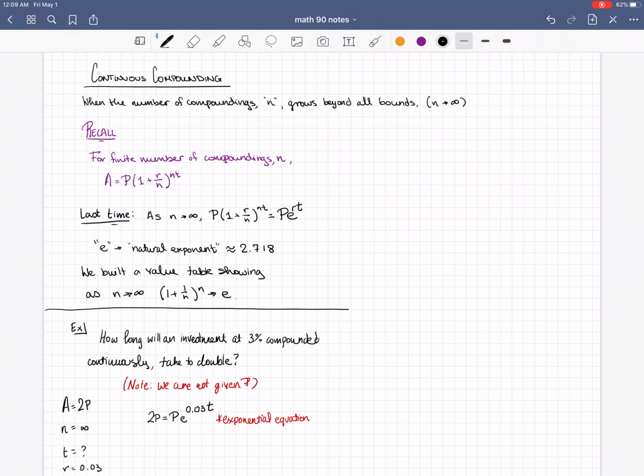Okay. And then we're going to start by dividing both sides by P. This is why it doesn't matter that we don't know what the initial principal was. It just gets factored off at the first step anyway. So 2 is equal to e to the power 0.03t. And now if two things are equal, then their logs are equal too.